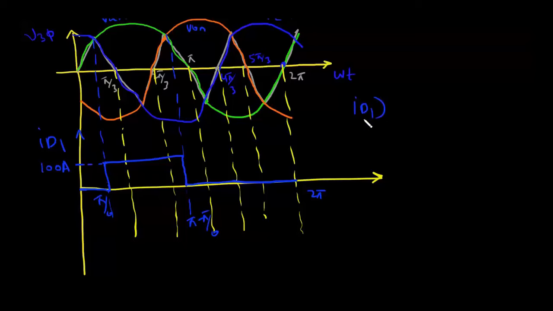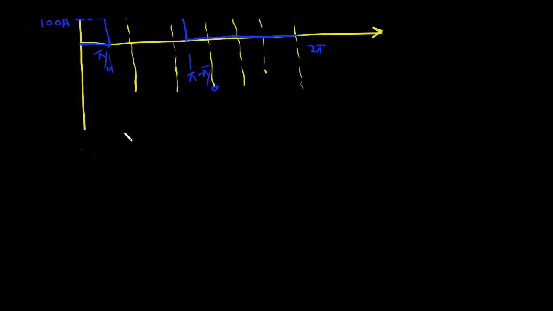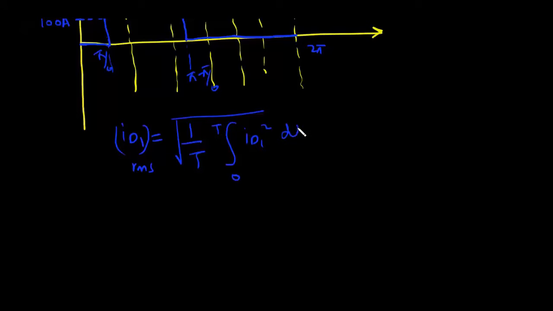So the RMS value of ID1 we have to find. The RMS value is the square root of 1 by T, 0 to T, ID1 whole square dt.